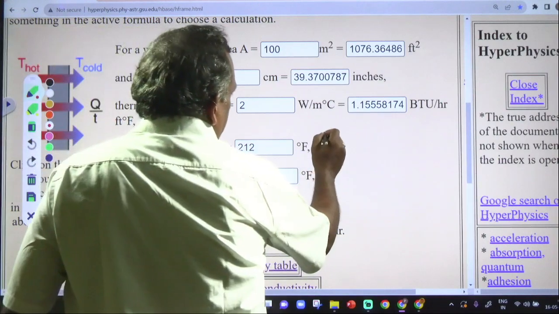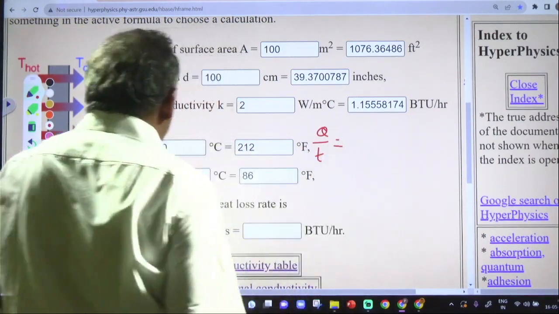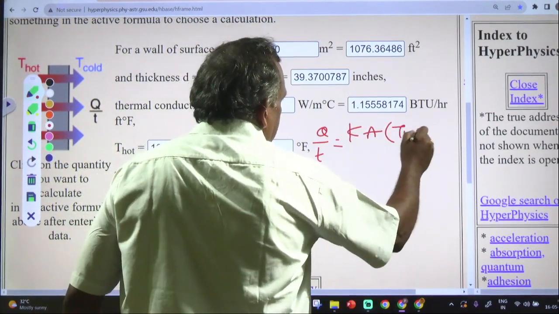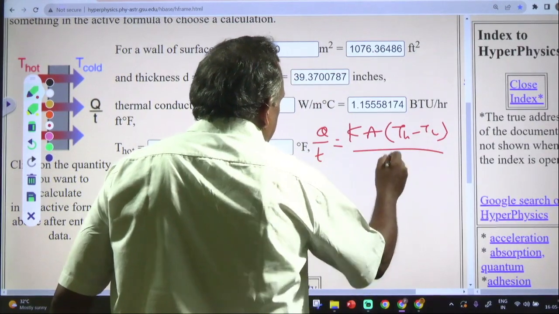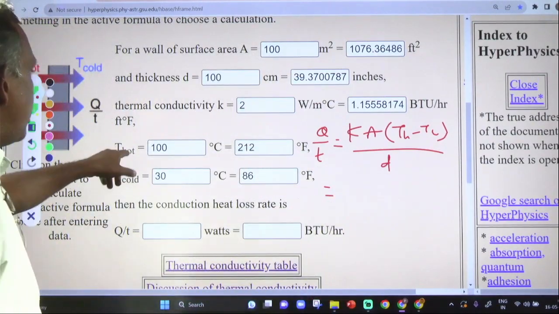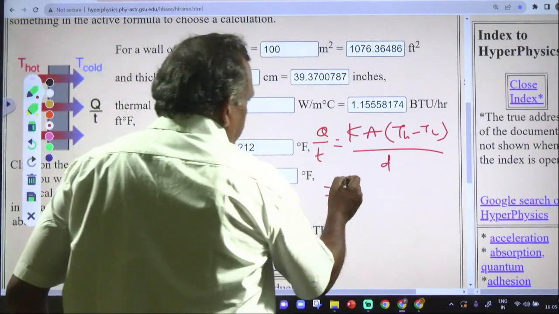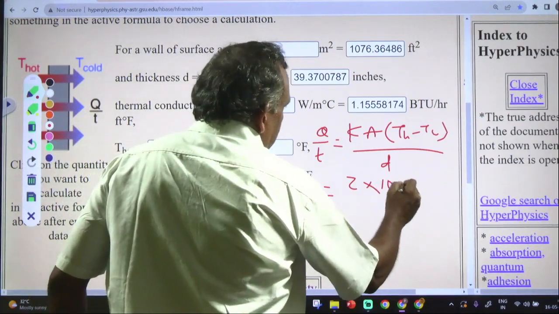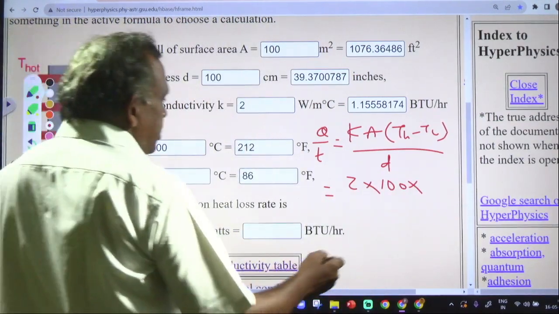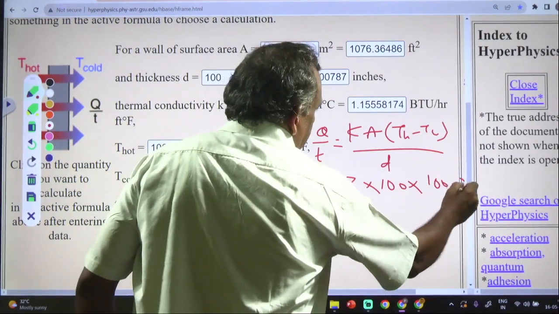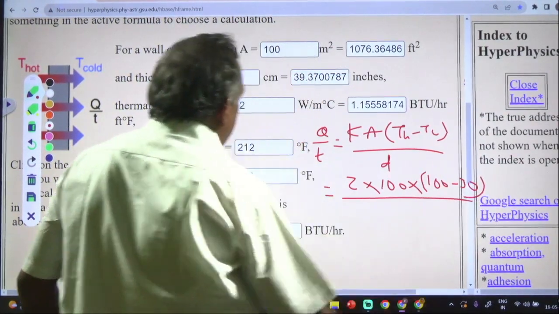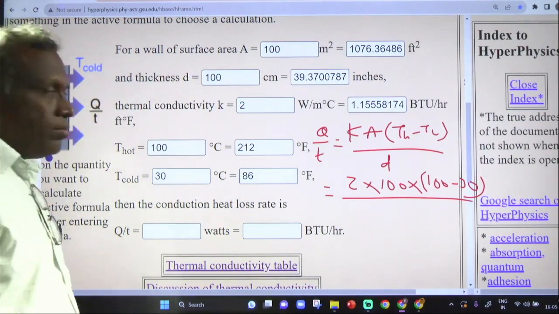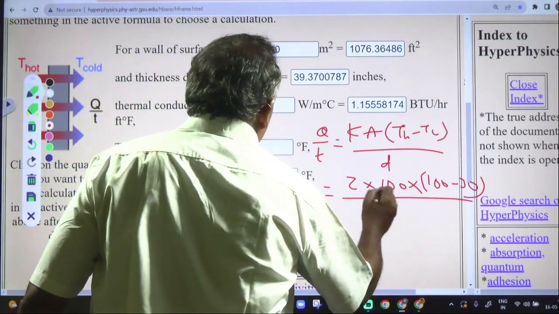See the Q by T, the rate of heat transfer. The formula is K into A into (T hot minus T cold) upon the length. The K value given is 2. Area is 100 meter square. The temperature difference is 100 minus 30, that is 70. The length, the thickness, is 100 centimeters, 1 meter.